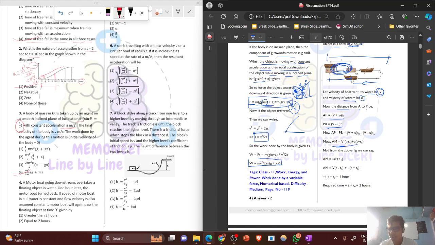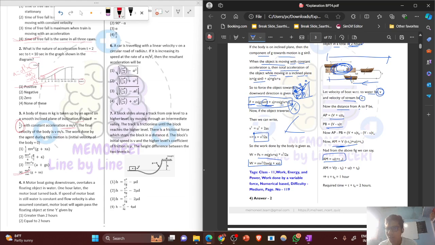That is this value. So your AM will come out to be this value. AM equals V(T minus T naught) plus U(T plus T naught), and this is from the calculation.